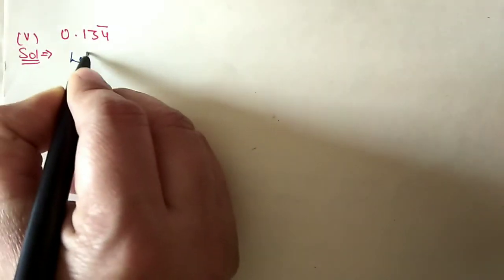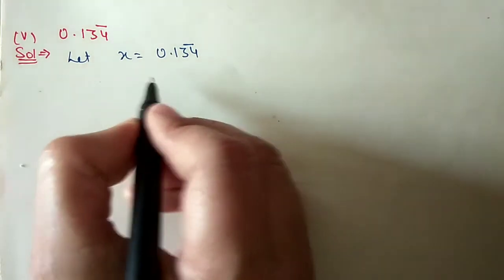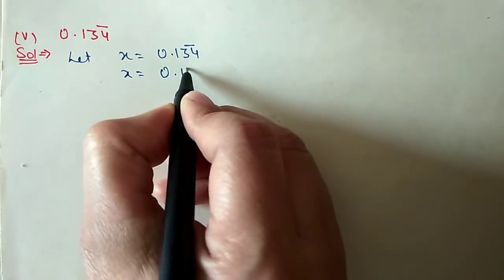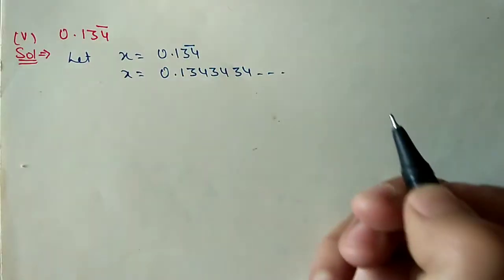Next, fifth part, 0.134. So we can take let x is equal to 0.134, and this bar is over 34. It means only 34 is repeating again and again. So 0.1343434 up to infinity it will come.